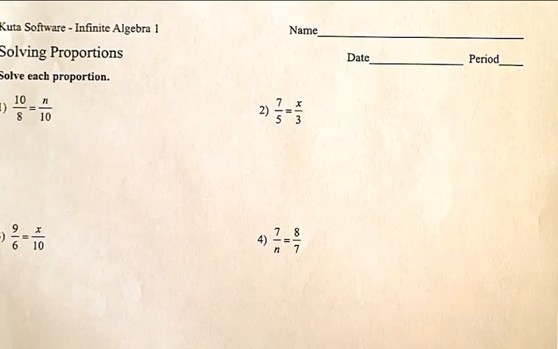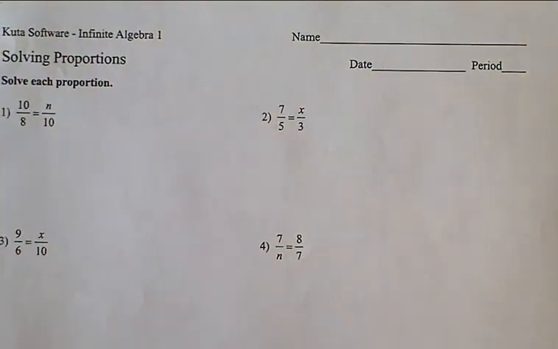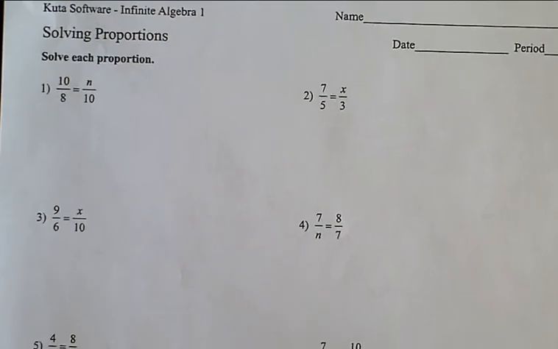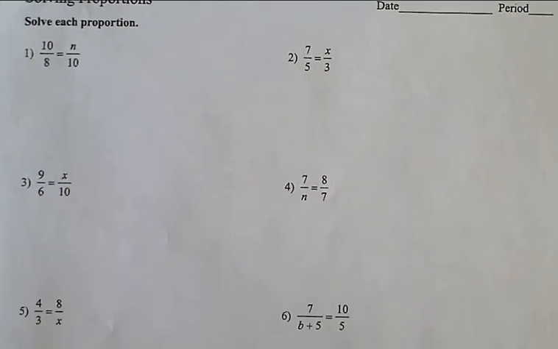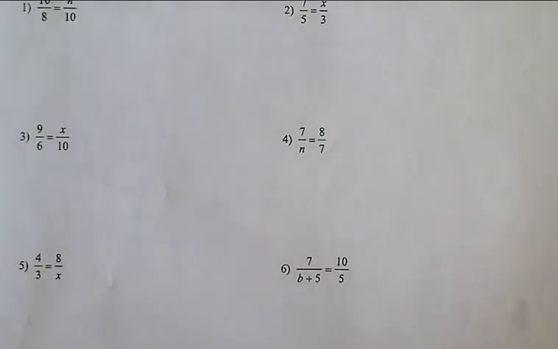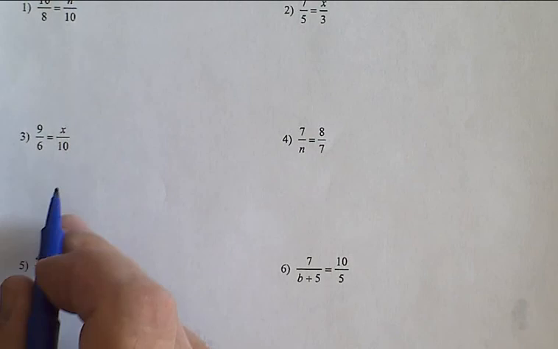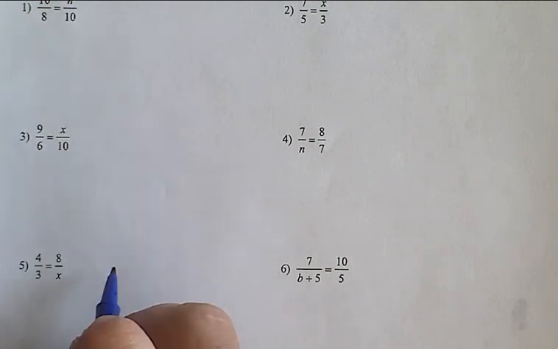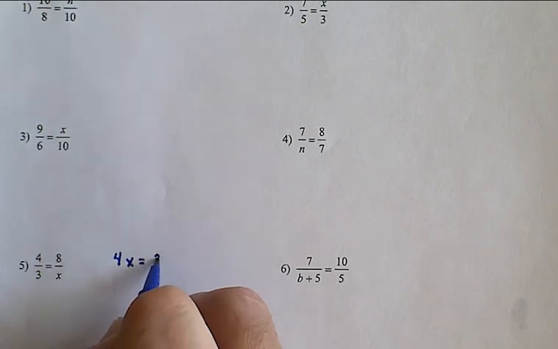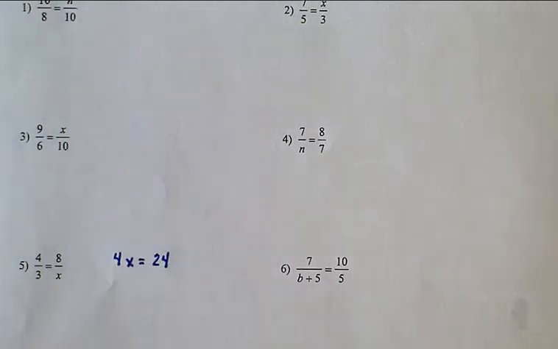So if I look at, for example, number 5, let's start there. That's the last of the simple ones here. When I multiply cross products on number 5, I get 4 times x equals 24. Now divide both sides by 4.